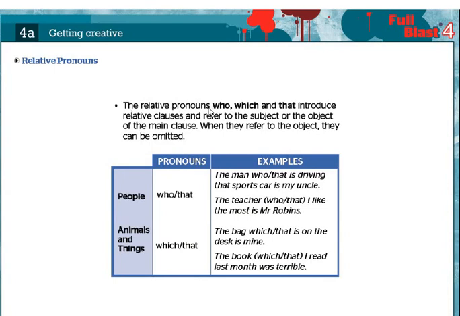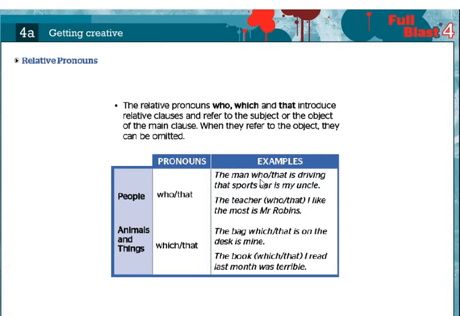The relative pronouns who, which, and that introduce relative clauses and refer to the subject or the object of the main clause. When they refer to the object, they can be omitted. Here, the man who is driving that sports car is my uncle.